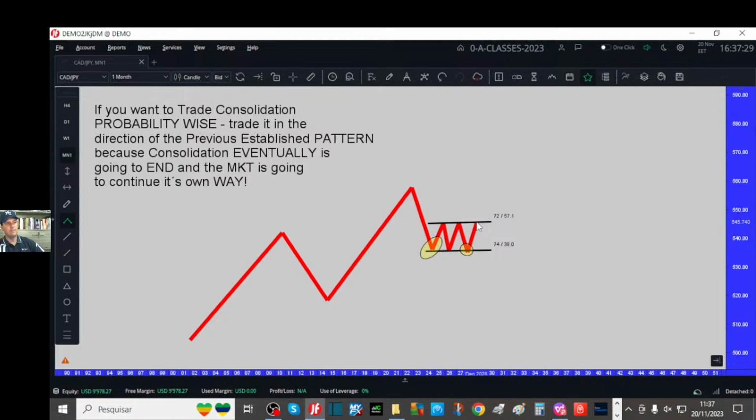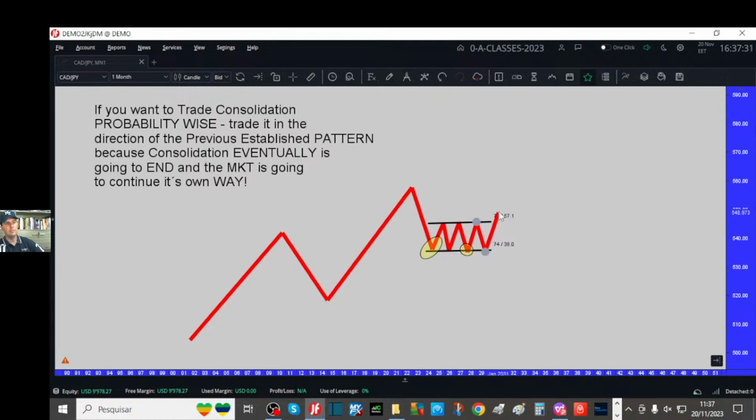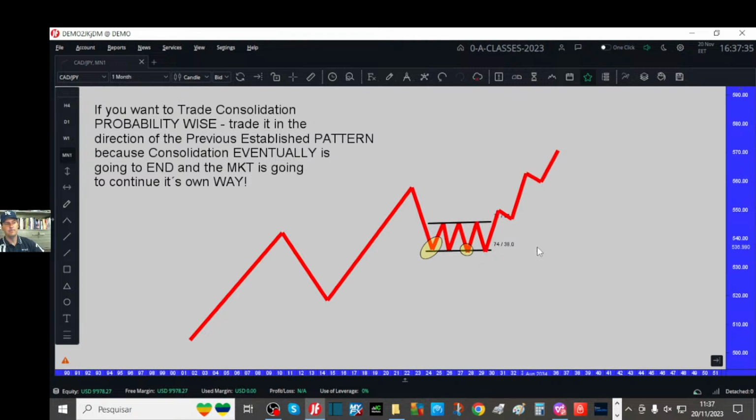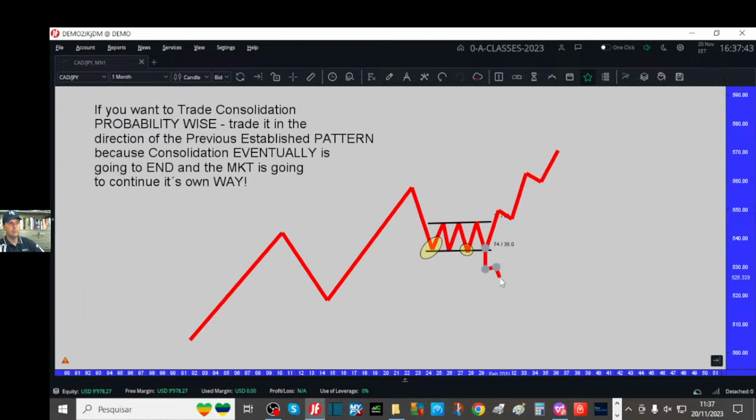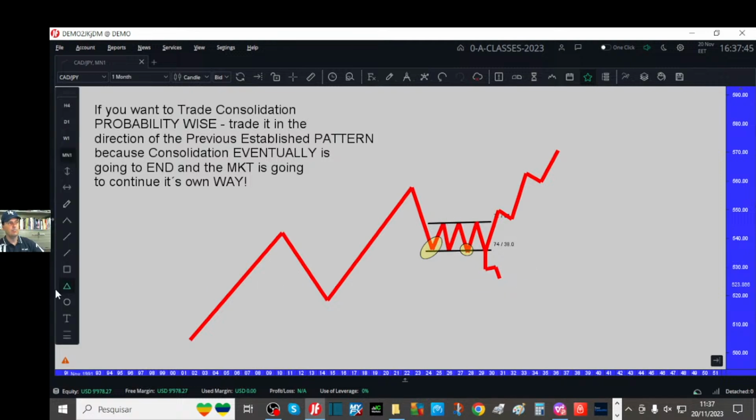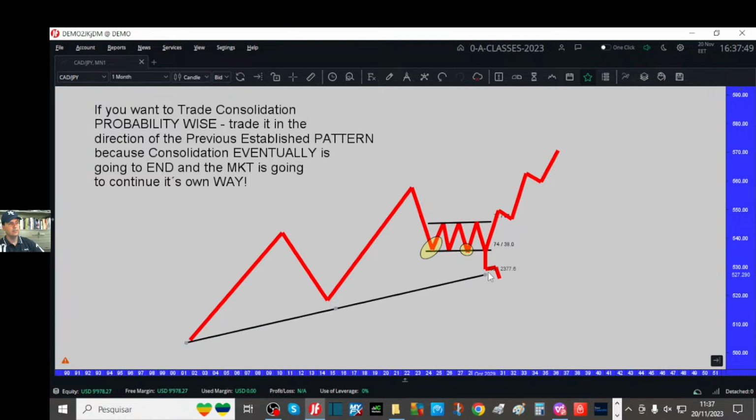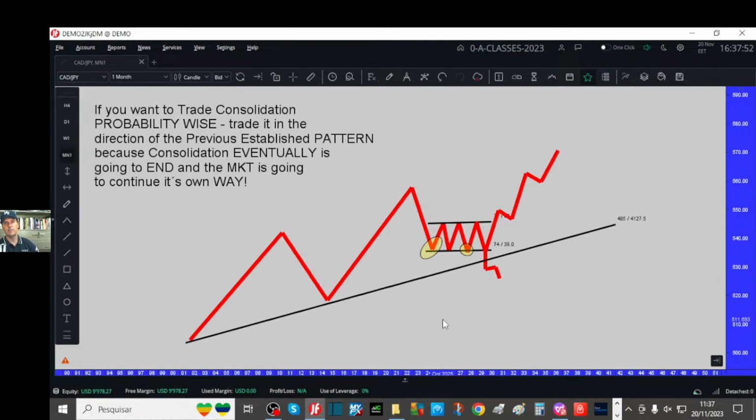Because the market eventually is going to explode and move back up. Wouldn't this make sense? Sure, the market also can go down into a deeper retracement. Yes, sir. But direction-wise, you are trading in the direction of the bigger picture. Does this make sense?